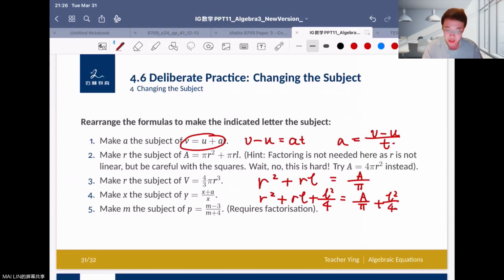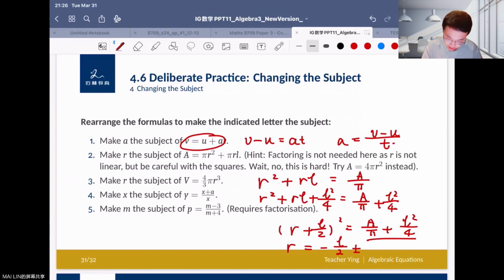On the left side, it becomes (r plus l over 2) squared equals A over pi plus l squared over 4. So now you can take the square root on both sides. So now r equals negative l over 2 plus or minus the square root of A over pi plus l squared over 4.